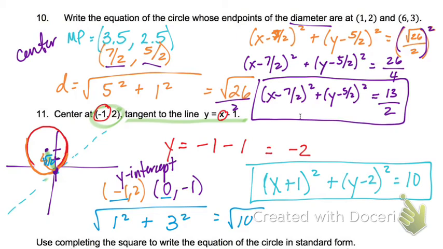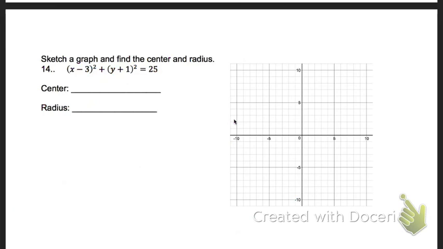So let's just do a graphing one really quickly. Pretty easy, but you've got -3. The center would be at 3, -1. And the radius would be what? 5. So you just go out 5 on each side.